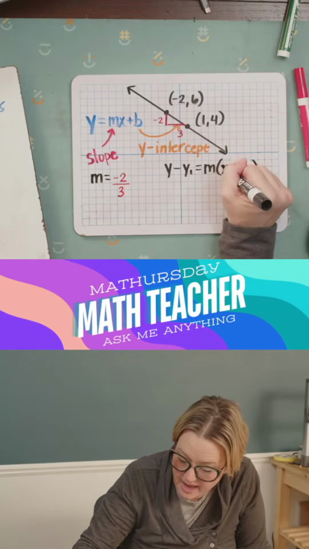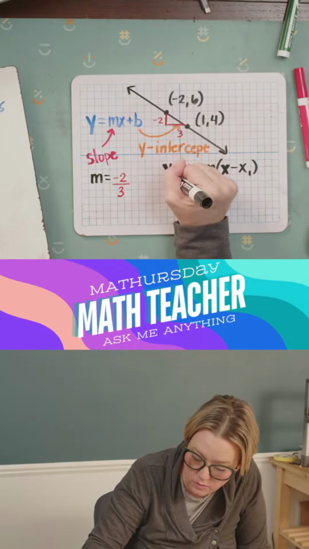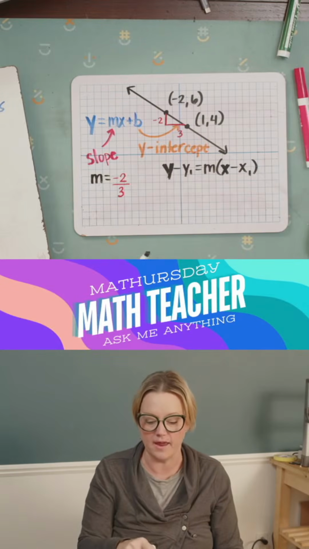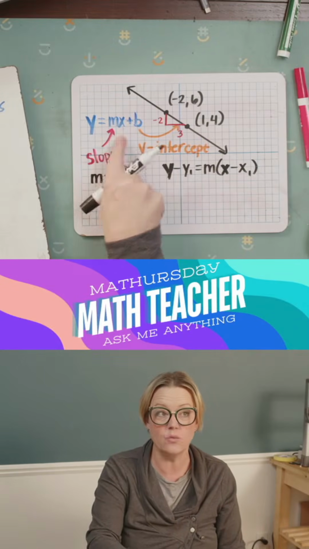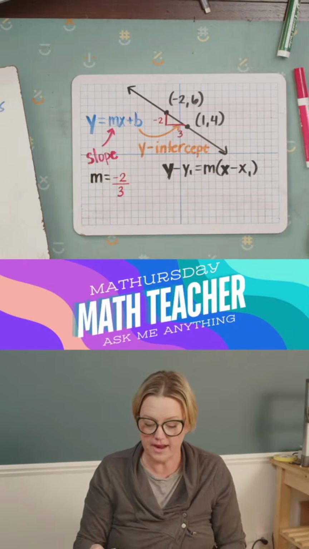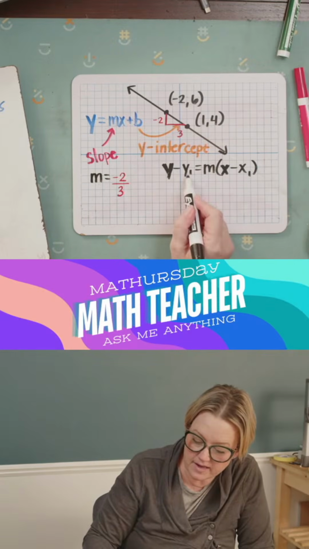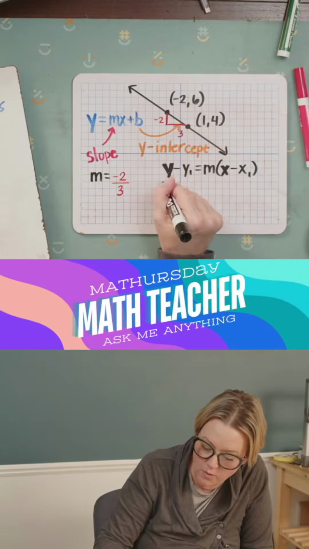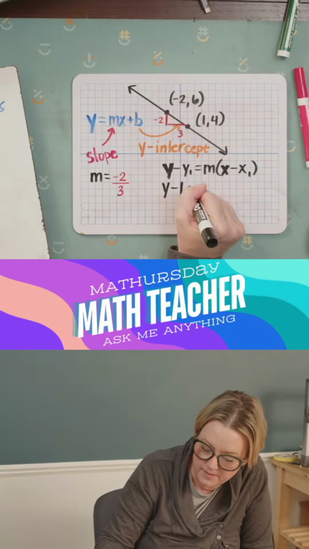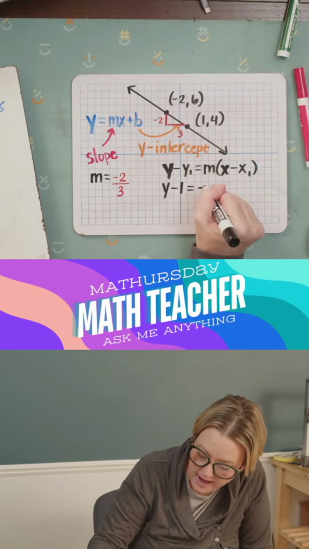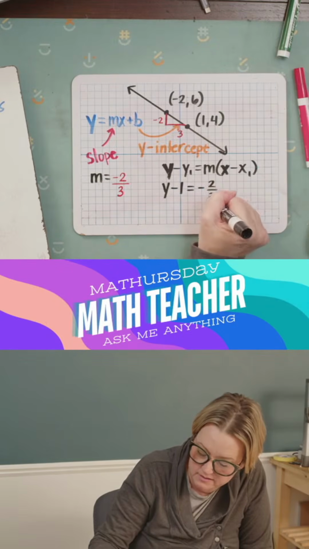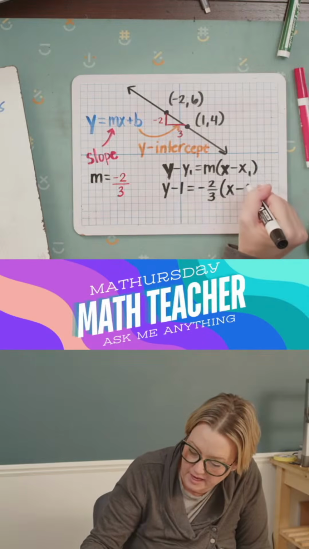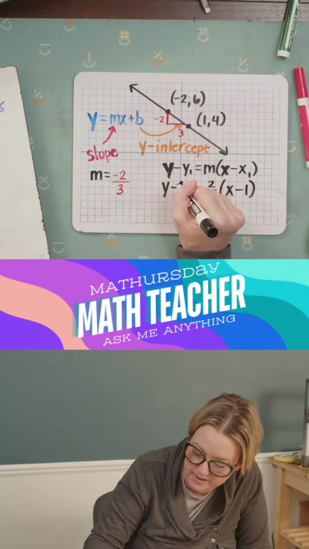So this x and this y are going to stay as x and y because I do need an x and a y in my equation, right? So here I'm going to plug in, I'm going to choose 1, 4. So I have y minus 1 equals -2/3 times, nope, sorry, that should be y minus 4, not y minus 1.